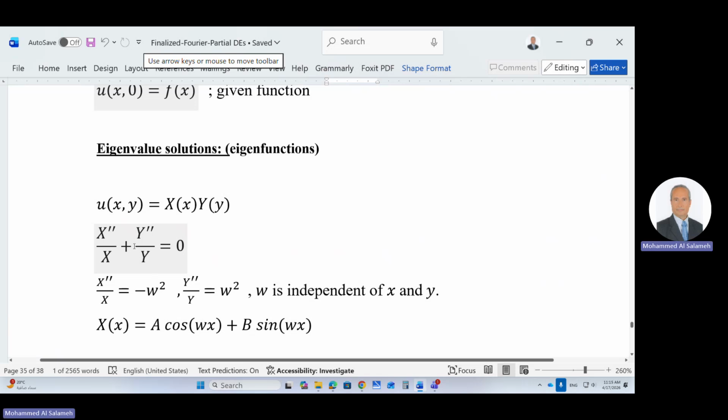Now, if you take Y double dash over Y to the right hand side, it will be minus, and both of them should equal a constant as we said before. So X double dash over X equals minus w squared, and Y double dash over Y equals w squared, because their summation should equal 0. So minus w squared plus w squared is equal to 0.